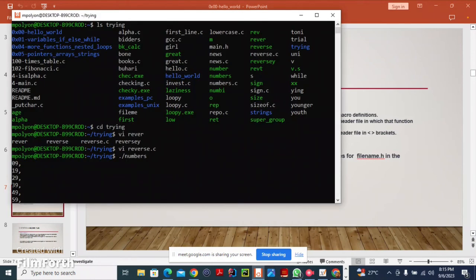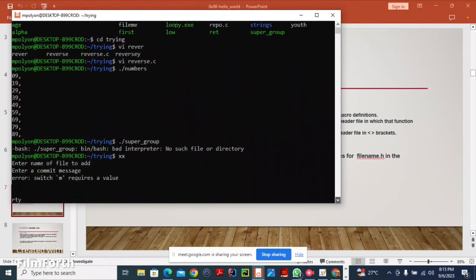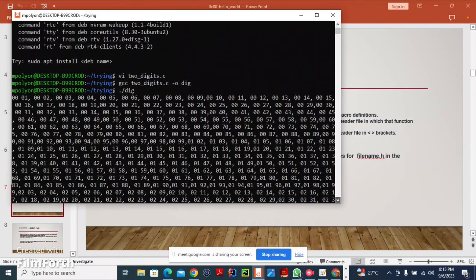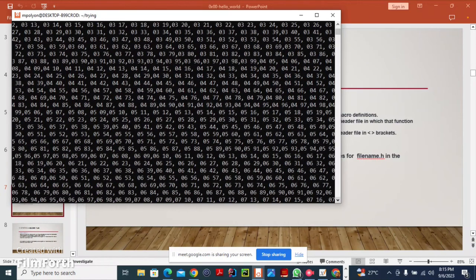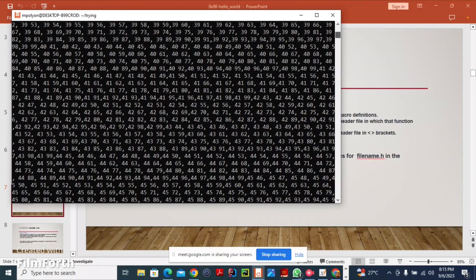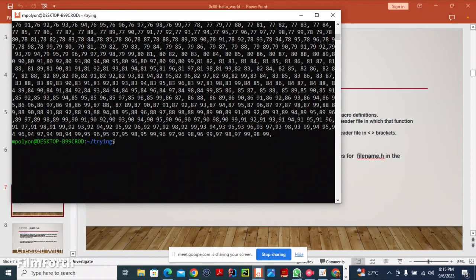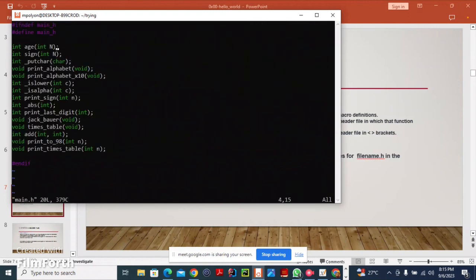Like me, I can show you an example of a main.h file that I have here. You can see here, this is main.h. And if I open main.h, you see it contains functions.